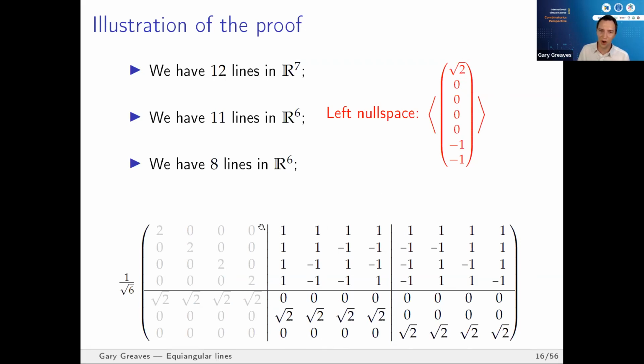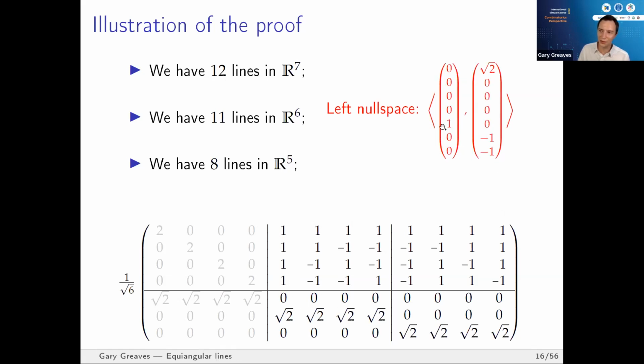So the trick is to look for common entries, and we see that the 1, 2, 3, 4, the 5th entry is always 0. So I can actually throw away this entry if I like, or I can argue that it's orthogonal to this vector here that just has a 1 in the 5th entry. And so that allows us to reduce the dimension by 1 again.